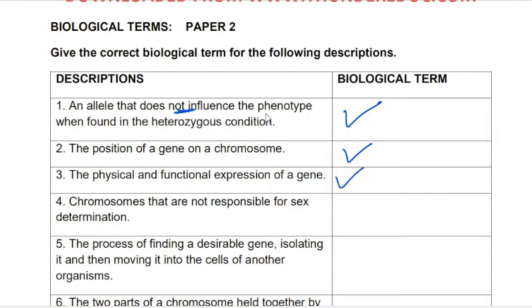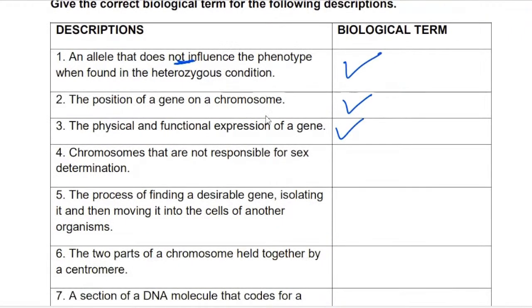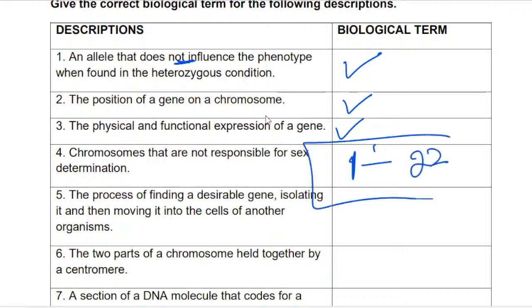The chromosomes that are not responsible for sex determination, we call autosomes. Remember, we have the gonosomes and the autosomes. So from chromosome number 1 to chromosome number, I'm talking about the pairs 22, we call them autosomes.